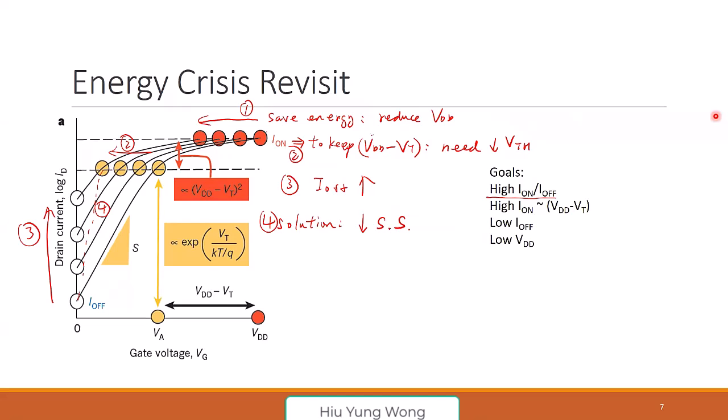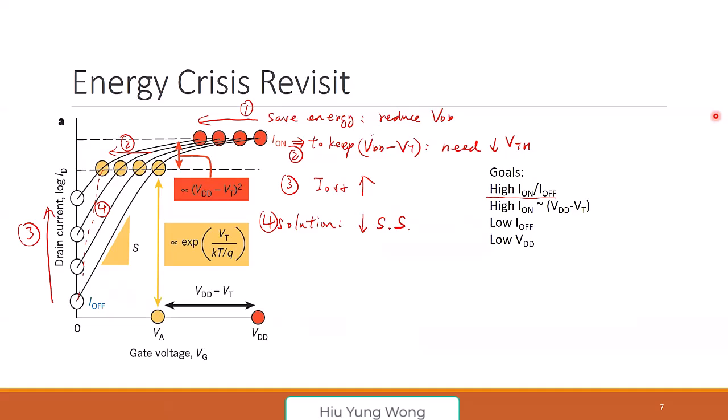The main point here is that we have an energy crisis. Not really that we don't have enough energy in the world or too much CO2. That is a result, but more it is about we use too much energy in the chip. We use too much energy, so there's heat up, and we cannot scale up the computation.